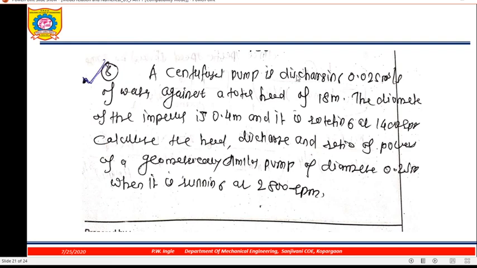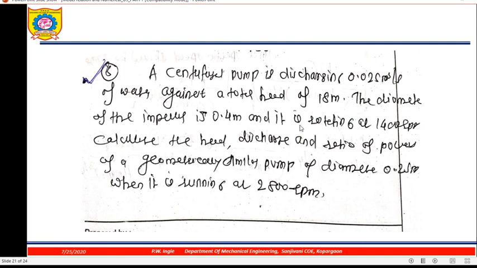Then last problem. A centrifugal pump is discharging 0.025 meter cube per second of water. In short, you have to use the specific speed relation, head coefficient, flow coefficient, and power coefficient to solve such problems. So the centrifugal pump is discharging 0.025 meter cube per second of water against a total head of 18 meter.